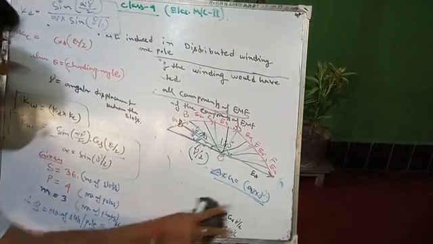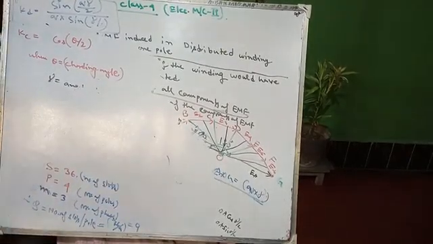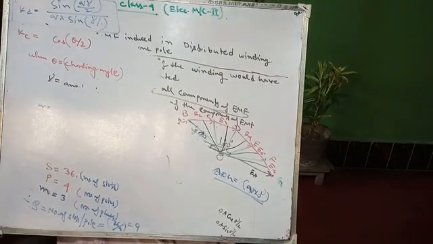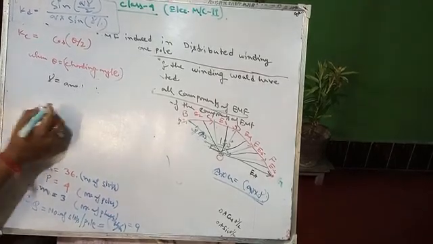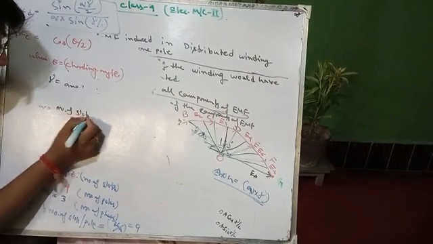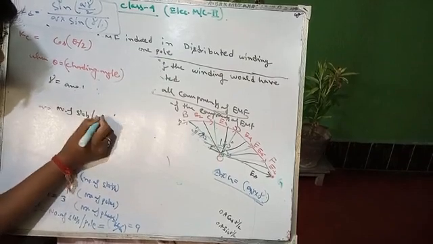And small q equals the number of slots per pole per phase.